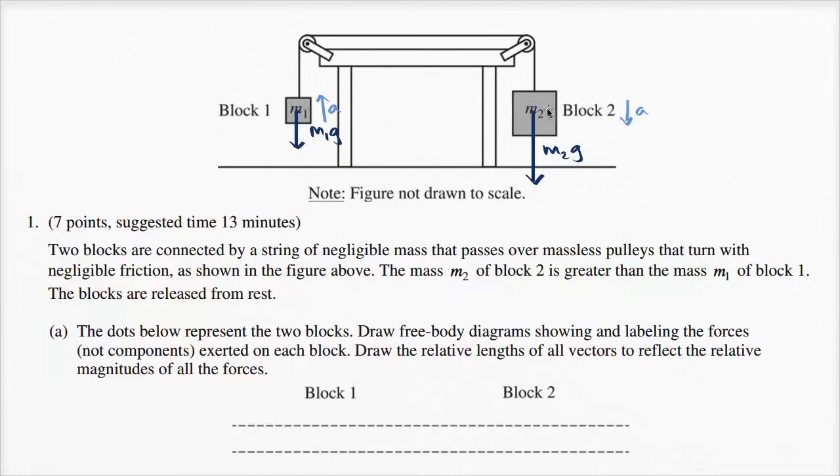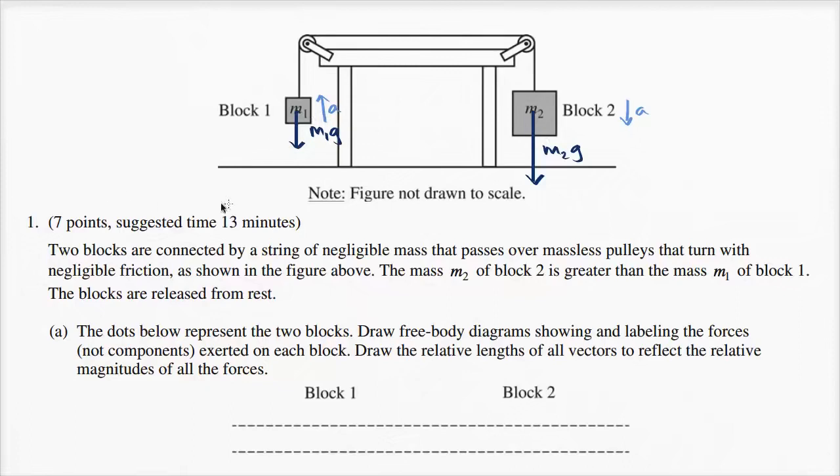Now, in order for block 2 to accelerate downwards, the magnitude of the tension has to be less than the downward force of gravity. So the magnitude of the tension is going to be in between the magnitudes of these two weights.